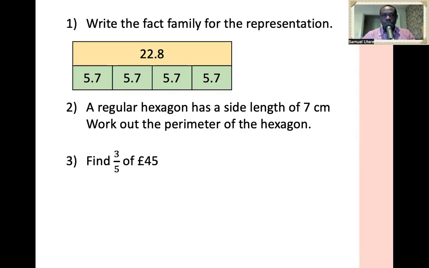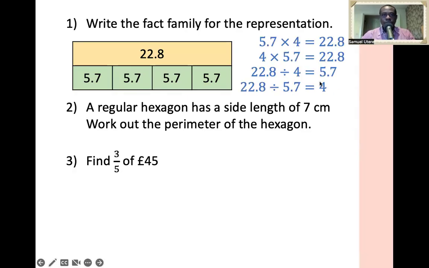All right, assuming you've paused the video and you've answered the questions, here are the answers. You were asked to write the fact family for this bar model. Here you can see that it represents all these calculations. 5.7 times 4 is 22.8. And then we can write it the other way around.